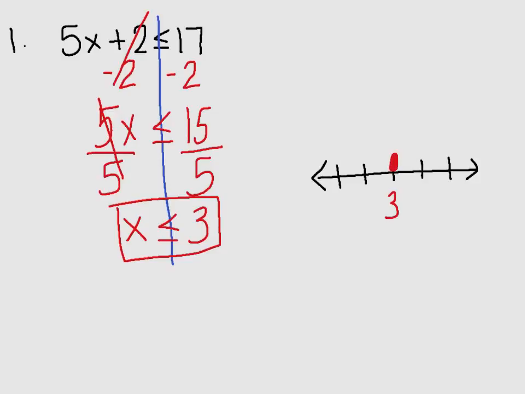I need to think of numbers to the left that are less than 3, so that's 2 and 1, and my numbers are getting bigger to the right, so that's 4 and 5. Coming back to my answer here, it says x is less than or equal to 3. So a number that's less than 3 is 2, I have 1, 0, and so on. So I'm going to shade to my left.